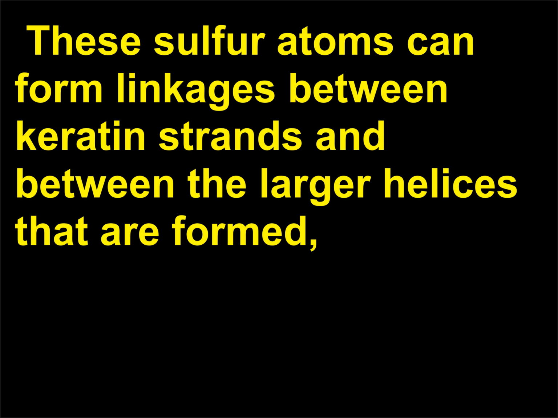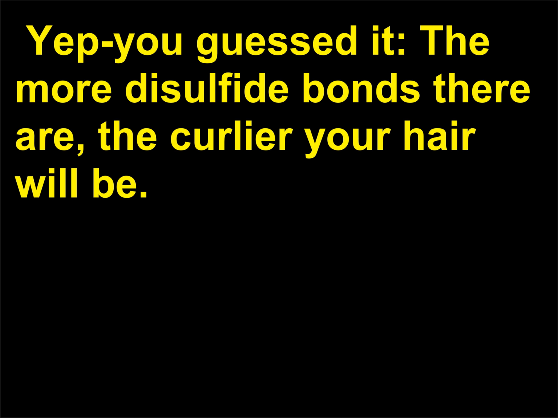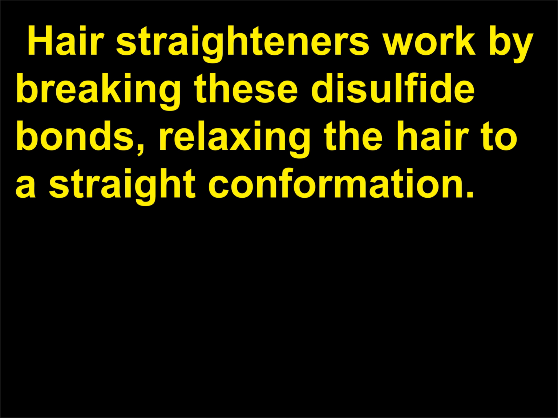These sulfur atoms can form linkages between keratin strands and between the larger helices that are formed, leading ultimately to a curling of the hair strand. Yep, you guessed it, the more disulfide bonds there are, the curlier your hair will be. Hair straighteners work by breaking these disulfide bonds, relaxing the hair to a straight conformation.